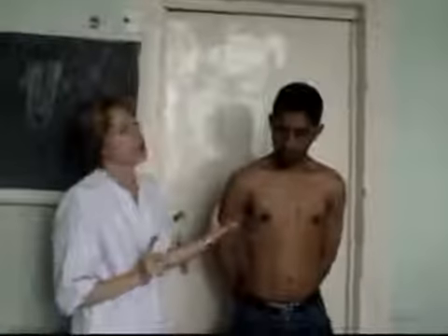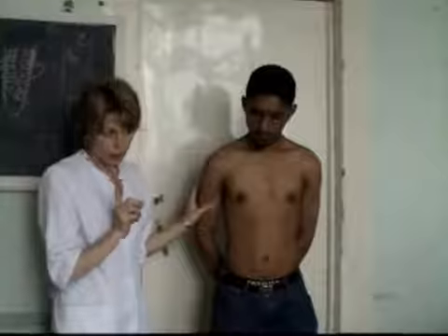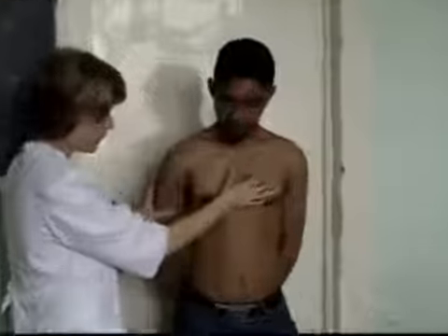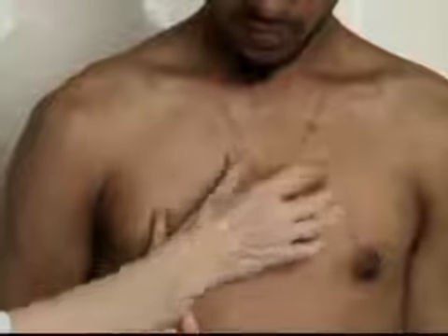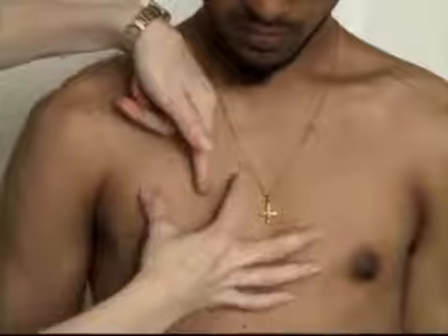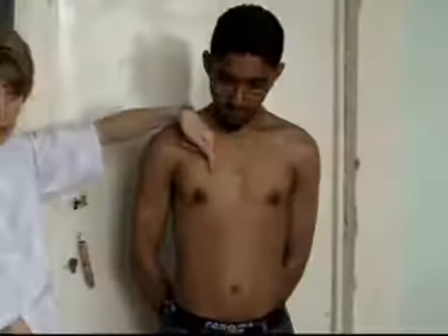Topographic percussion is made along all topographic lines, starting from the parasternal line. The parasternal line is situated between the sternal line and the mid-clavicular line. Between both lines will be the parasternal line.